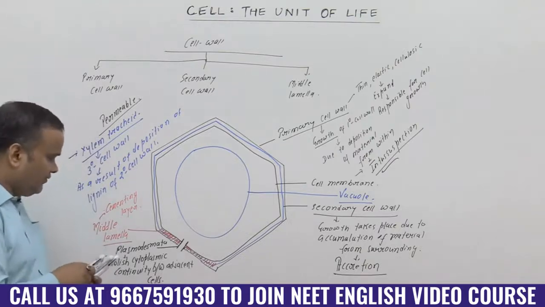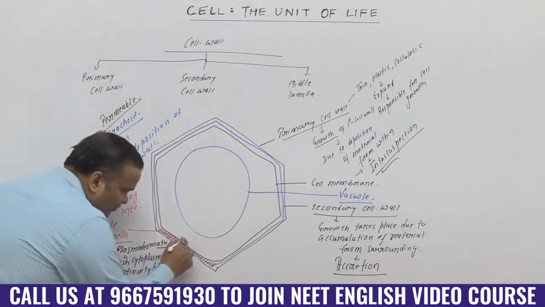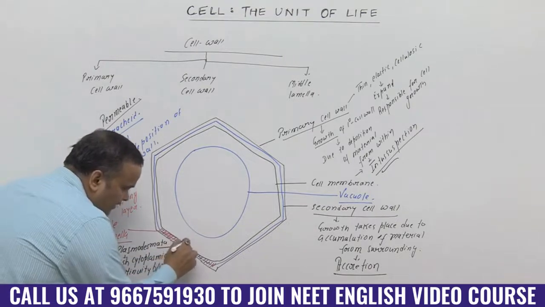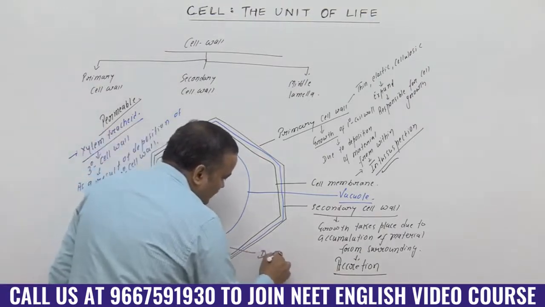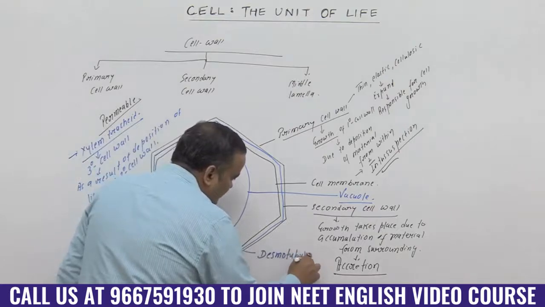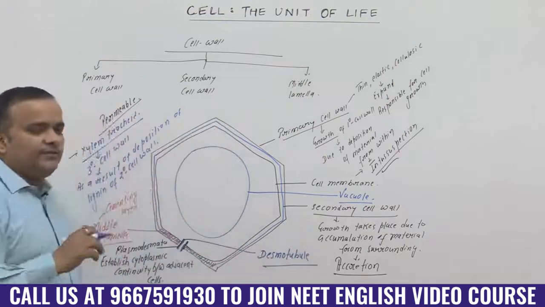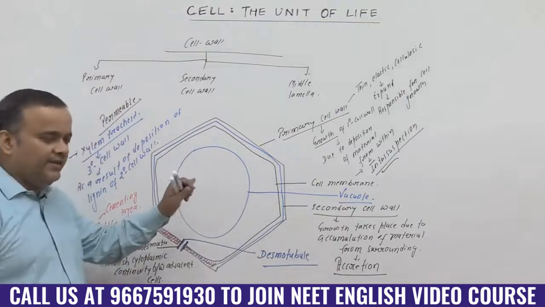Now, when you observe it, within this tubular connection there is another tube-like structure, and this tube-like structure is known as desmotubule. This desmotubule is responsible for actual exchange of material.